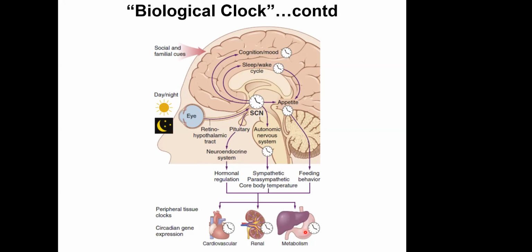And then feeding behavior, we've already talked about it. You can train yourself to be more hungry during the breakfast and the lunches, and less hungry during the dinners. And this, by the way, is a very healthy habit. Everyone should adopt it. So this is the biological clock overview.